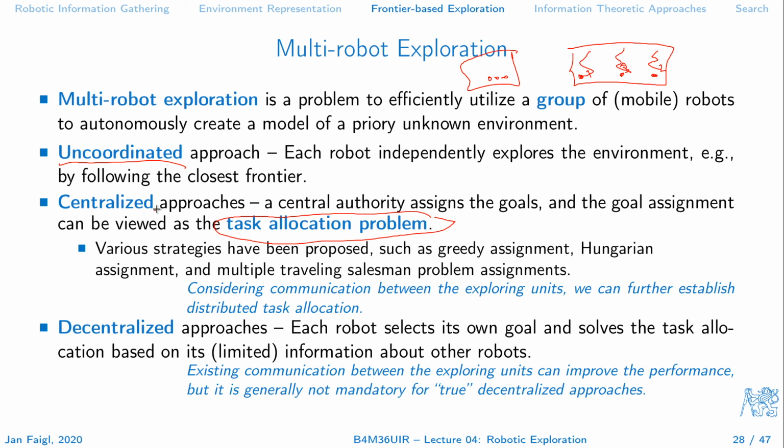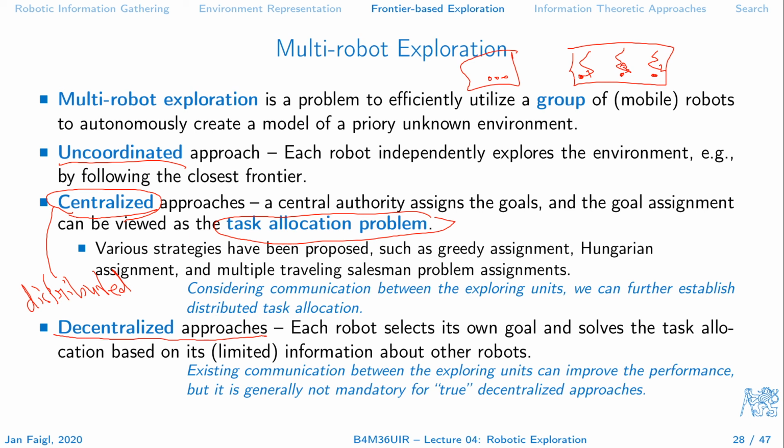Actually, decentralized or centralized approaches can run on a single computer, but if you run it in a distributed fashion and you have available communication, you will have a distributed approach. It can be done in a distributed way, and you need to exchange the data. On the other hand, there are decentralized approaches, which are completely independent.